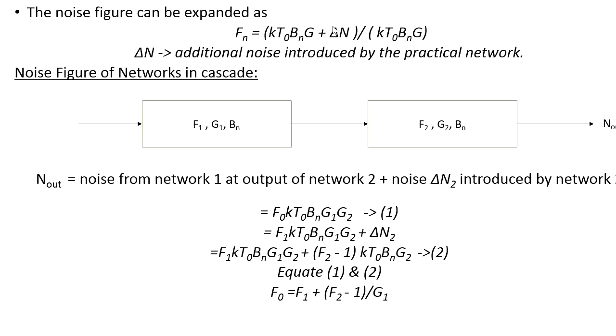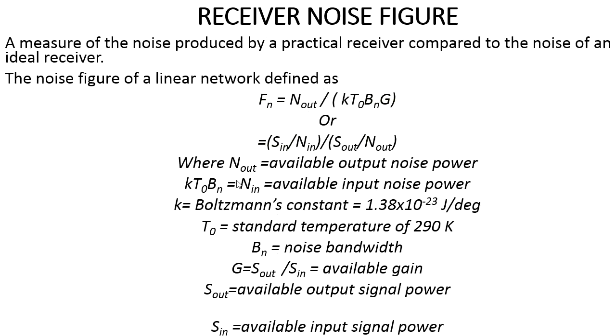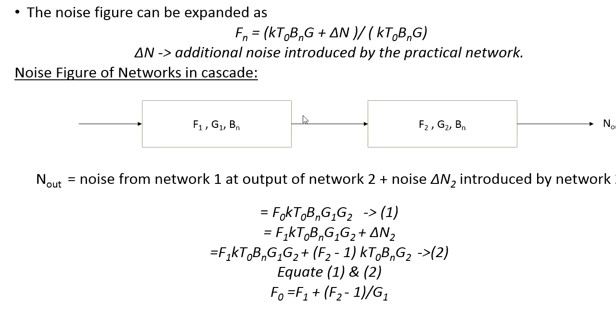And delta N is the noise introduced in the practical receiver. We need to add the practical noise along with the ideal noise, divided by KT naught BnG. So here N out, as I already told, is replaced as KT naught BnG plus this practical noise.